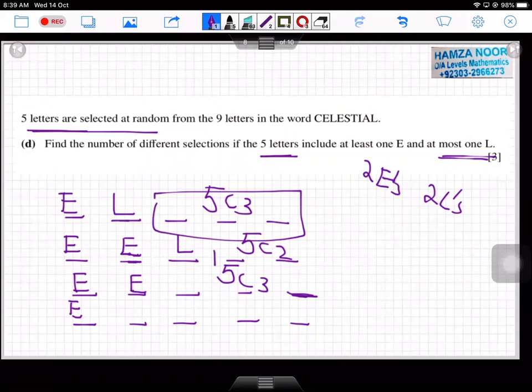So I have five other letters to choose from, but I have four spaces to fill. Five choose four. As simple as that.